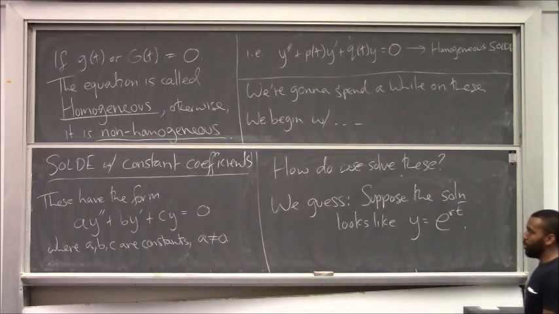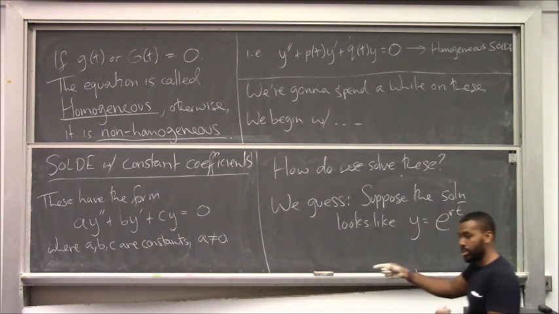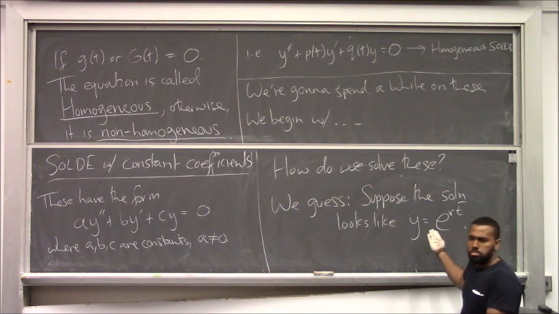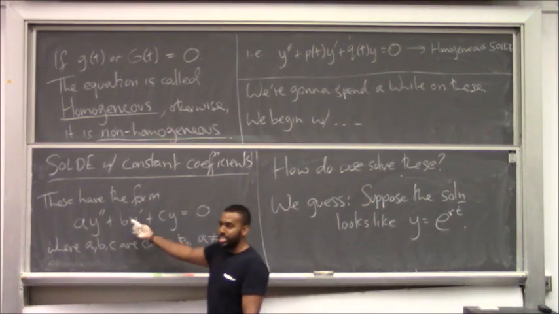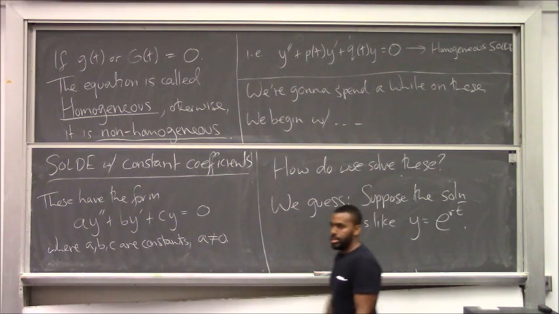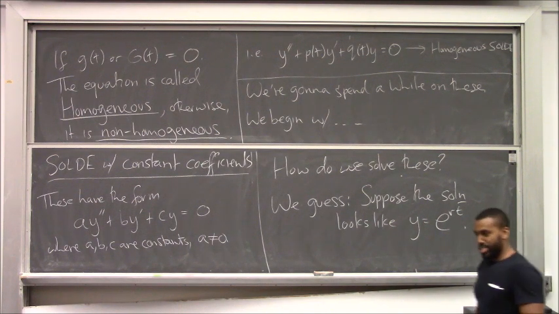Now, because I have a sum of 3 like terms, there's hope for some of them killing each other and getting 0. If I picked another function, like ln of x or ln of t, that wouldn't work, because I'd have an ln over here, and then a 1 over t over here, and a 1 over t. How do they all cancel out to get 0? So e to the rt is a pretty good guess.